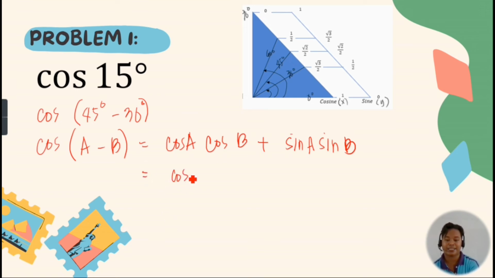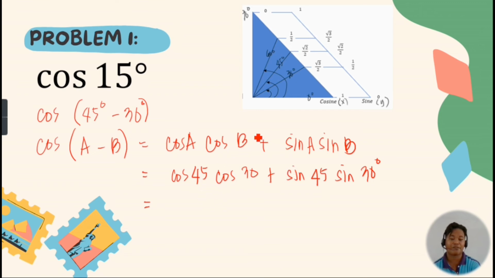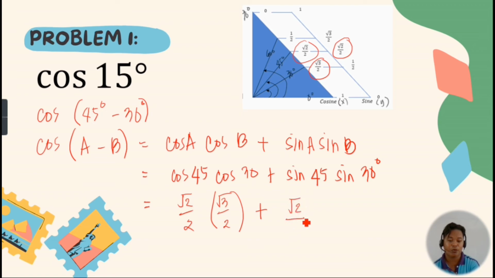So cosine 45 times cosine 30 plus sine 45 times sine 30 degrees is equal to, from this stairway, cosine 45, square root of 2 over 2, cosine 30, square root of 3 over 2, plus sine 45, square root of 2 over 2, times sine 30, which is 1/2.